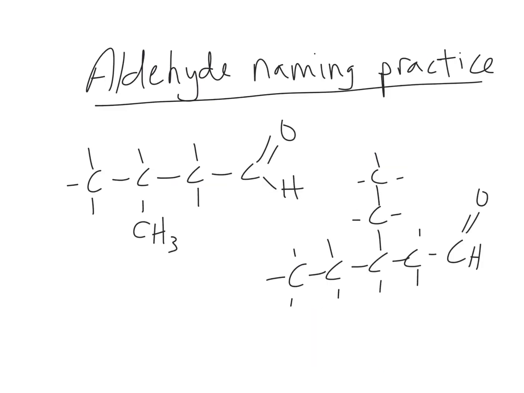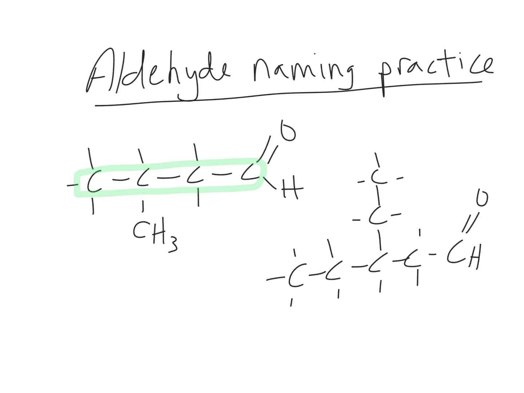All right, a little bit of aldehyde naming practice. Once again, when we're trying to name any organic compound based on the IUPAC naming system, the first thing we want to do is recognize the longest run of carbons. For the first one here, the longest run is clearly 4.